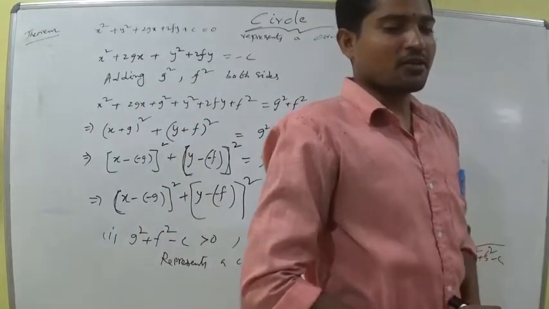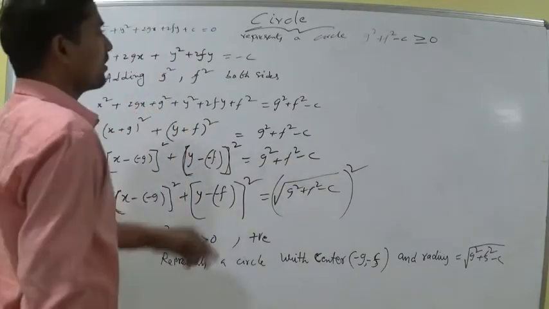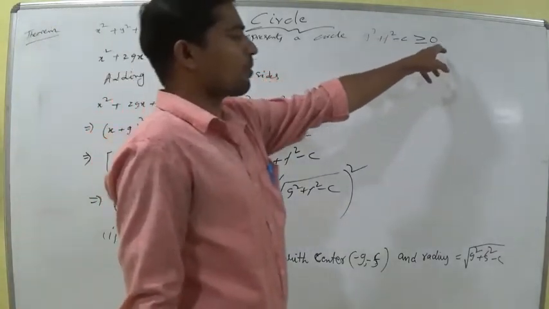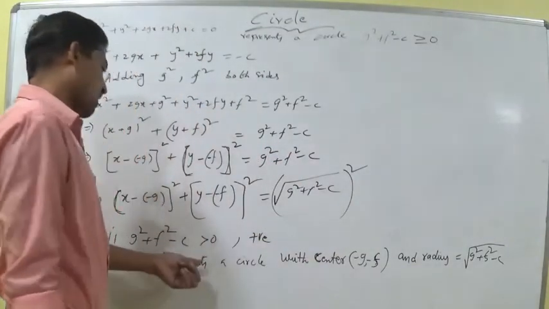Now second case. The condition is g square plus f square minus c greater than or equal to 0. The first case, greater than 0, is taken.